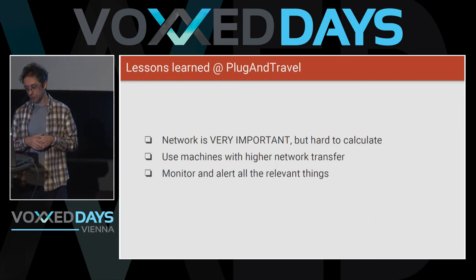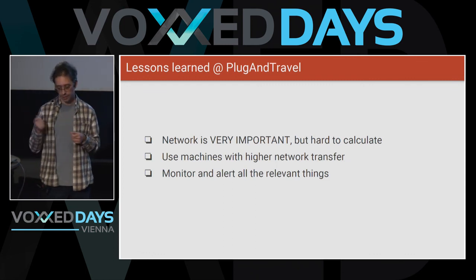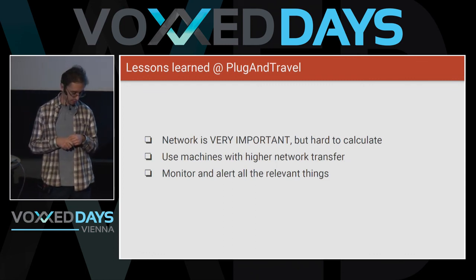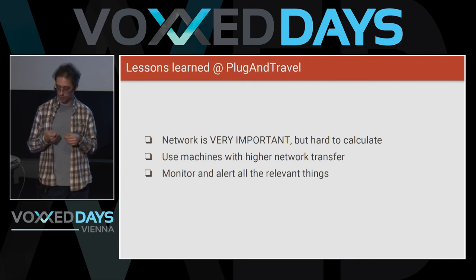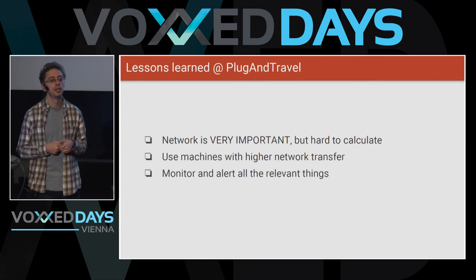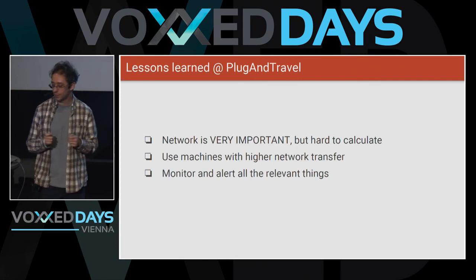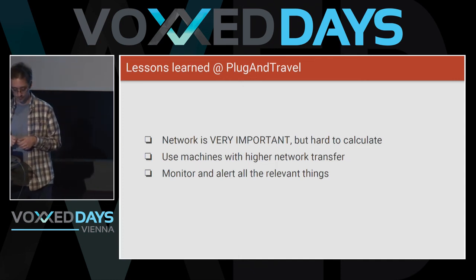So look at the network transfer, make some calculations, maybe put some alerts. You'll have to make your own tests, because AWS, for example, doesn't give you hard numbers on the transfer. But with careful monitoring and some alerting, you might take advantage of even smaller machines.